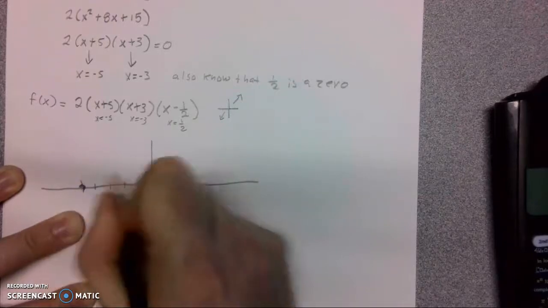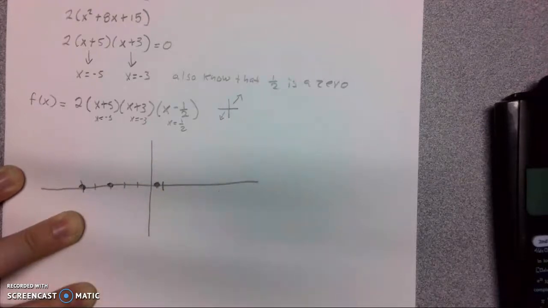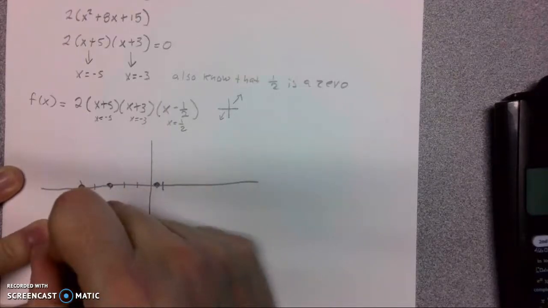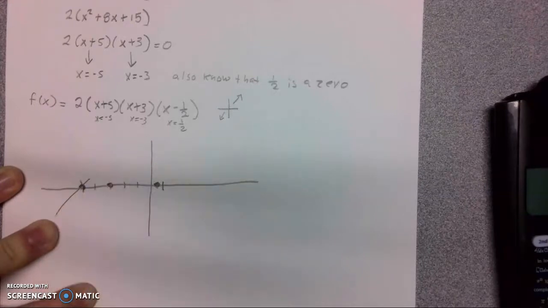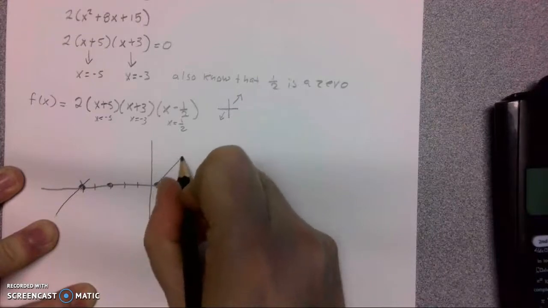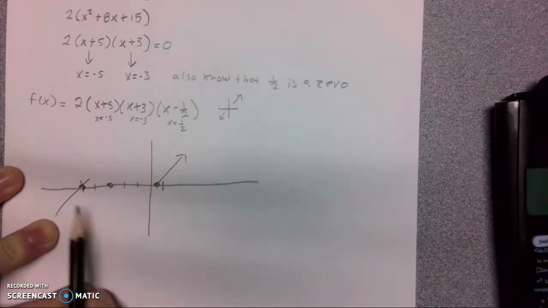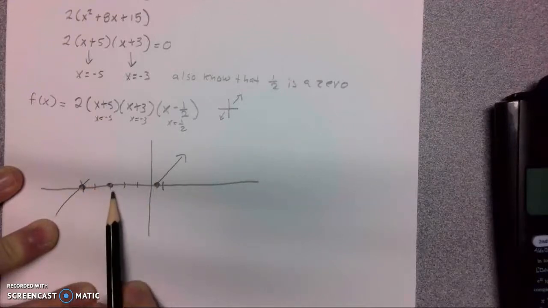Okay, I know it comes up from below. It's going to cross here, and I know it's going to leave coming this way. But I want to figure out what happens between these two. My guess is this, but let's make sure.